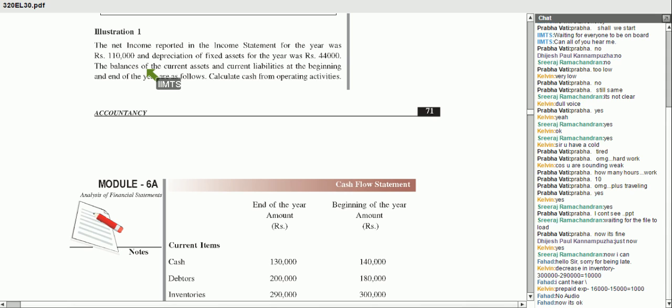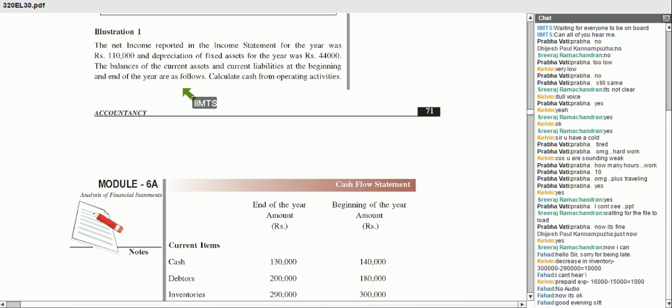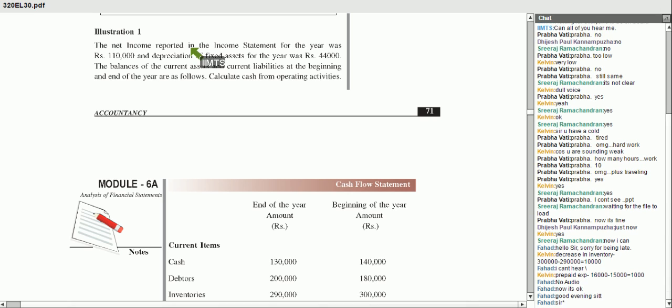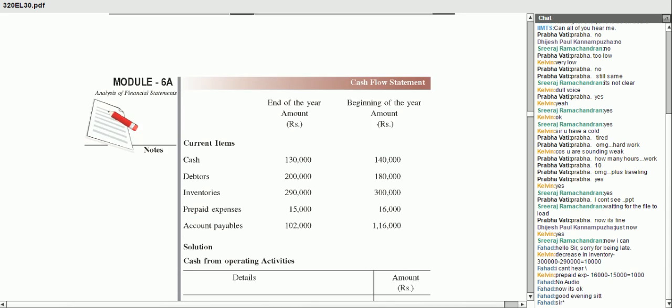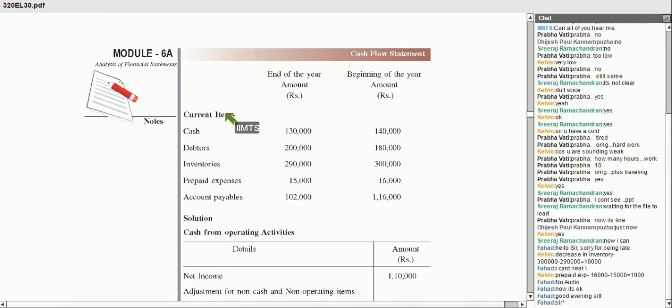Okay, so we have to calculate the cash from operating activities, right? This is the cash flow statement given. Cash at the end of the year is 1,30,000, and at the beginning of the year 1,40,000.